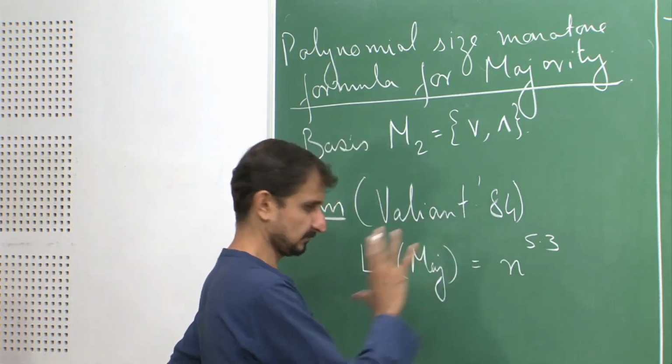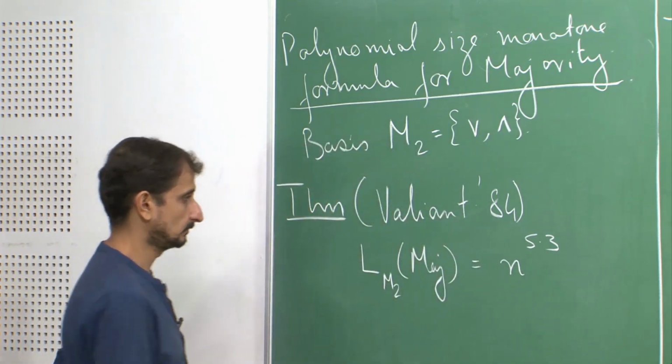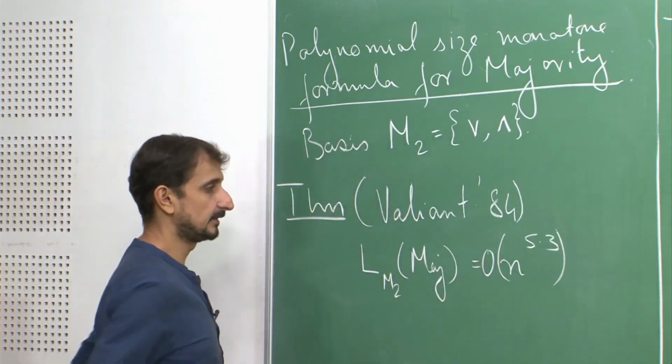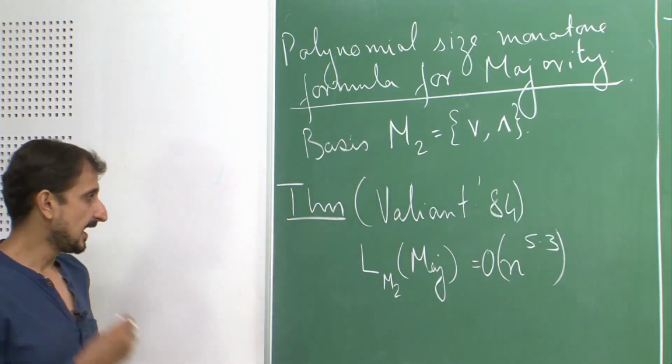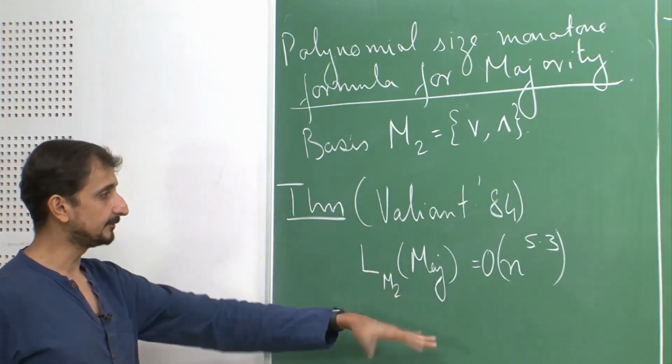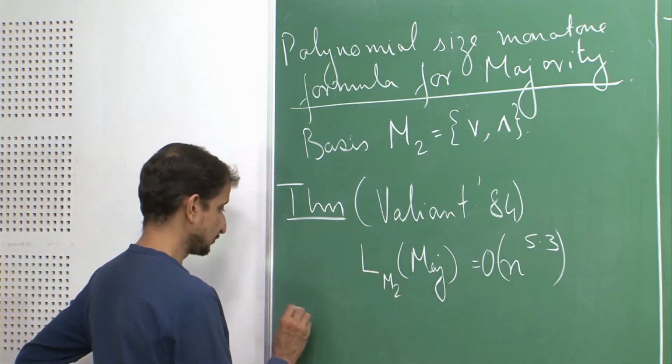I will just write order over here, maybe some constants before it, but it is roughly n to the power 5.3. This is just the size of the formula, but as I said, we will show a stronger bound.